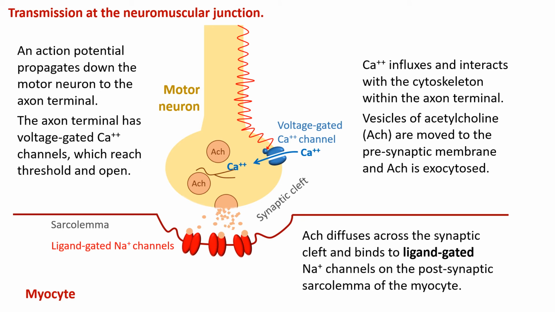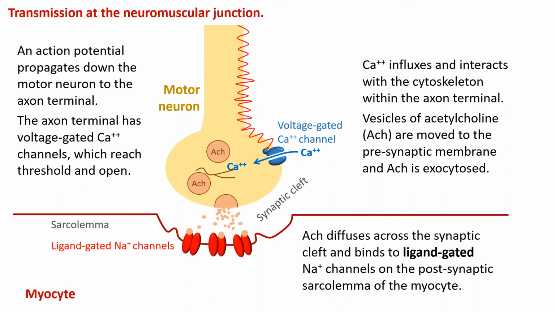That acetylcholine diffuses across the synaptic cleft, and on the other side, on the postsynaptic sarcolemma, there are ligand-gated sodium channels. Remember, I promised you at some point we'd have some ligand-gated sodium channels. These are them. Remember, everything else is voltage-gated.